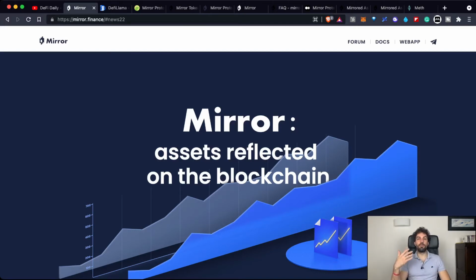It's like the more popular synthetics, just to give you an idea of what kind of service MIR is. It takes stocks like, for example, Tesla, and brings them onto the blockchain. In a moment we will find out why having this kind of asset on a blockchain can really make the difference and allow us to make much more in DeFi than just having the real stock as we were used to until now.